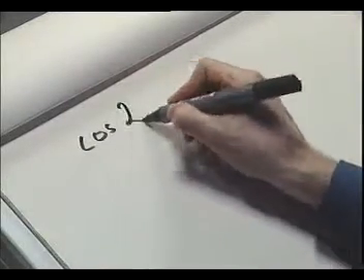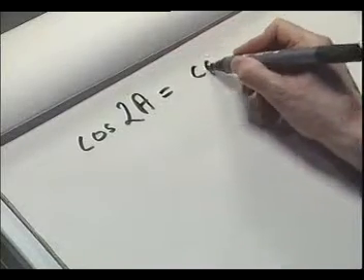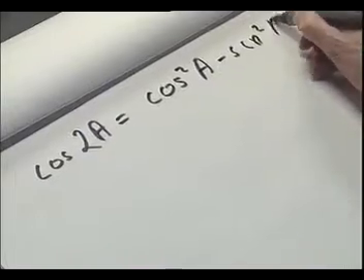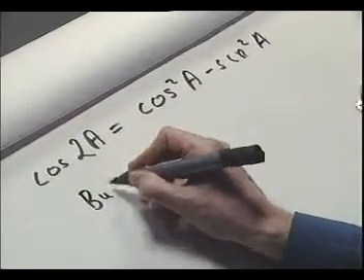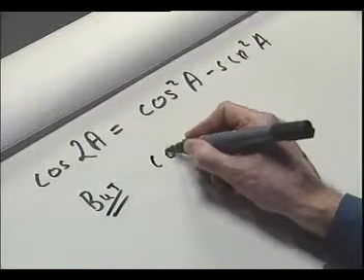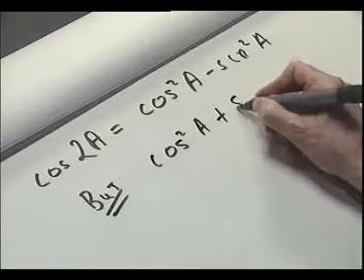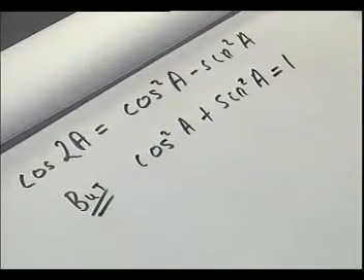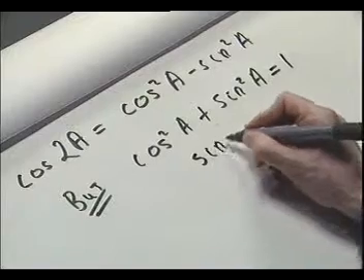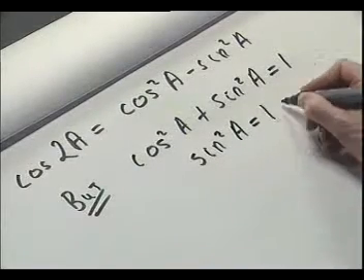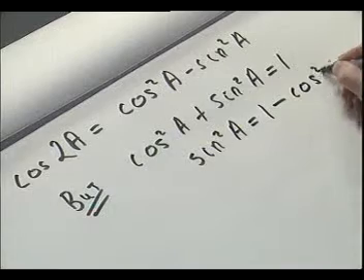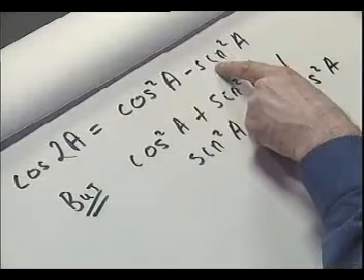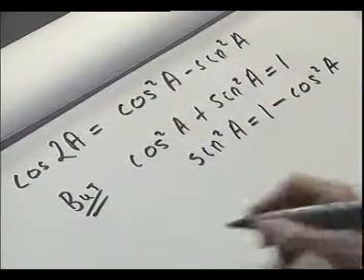Cos 2A is cos squared A minus sine squared A. But cos squared A plus sine squared A equals 1. In other words, sine squared A is 1 minus cos squared A. So we can replace the sine squared here in our double angle formula by 1 minus cos squared.